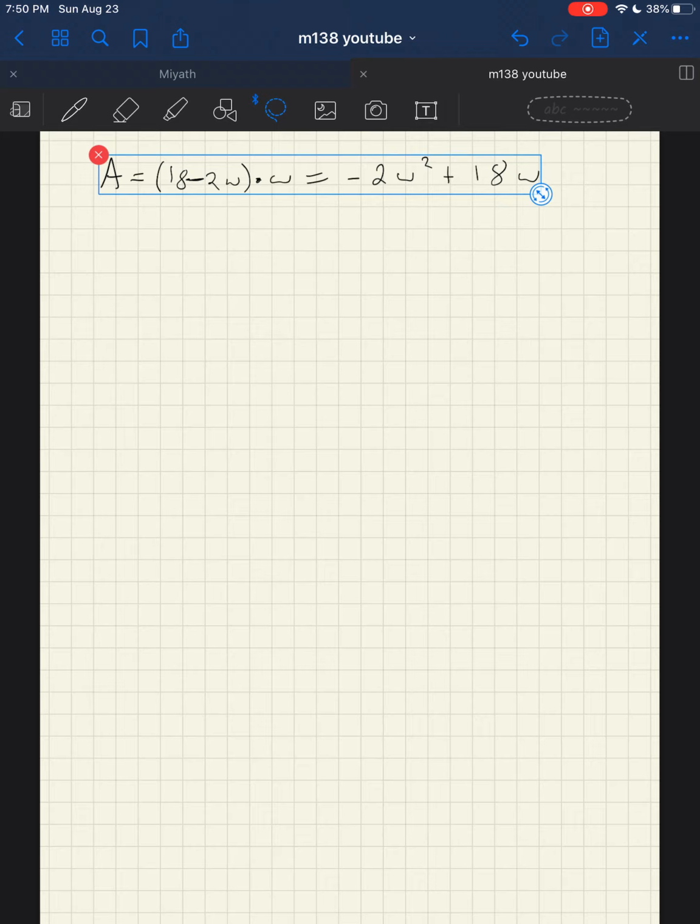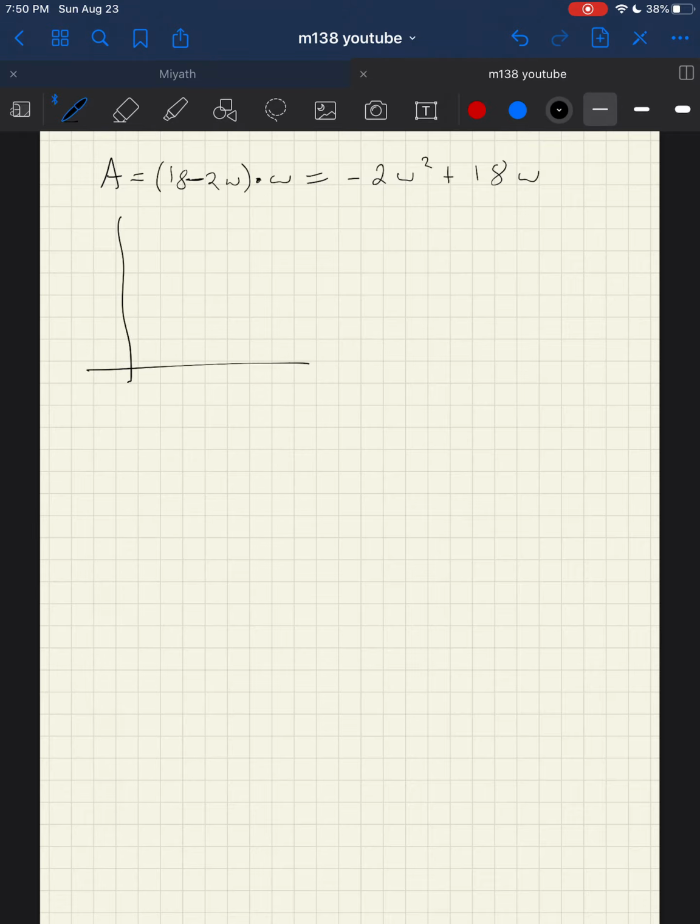Now what we're looking for is some way to make this area as big as possible. If I were to sketch a graph of this thing right here, what I would get is a parabola. Now we're not really worried too much about sketching graphs just yet, but because you should have seen something like this before, let's see roughly what this is going to look like.